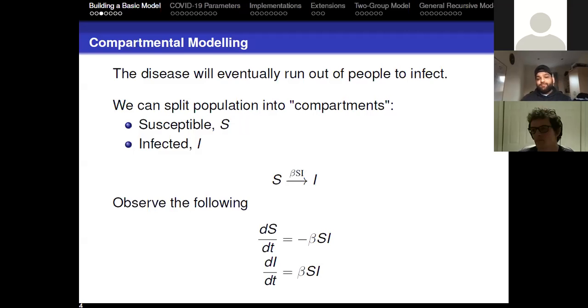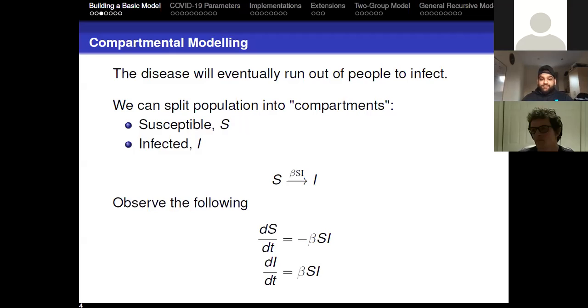Now, compartmental modeling will essentially split the population into different compartments. If we go about building the most simple compartmental model, we can use a susceptible category and an infected category. And the rate at which people move from the susceptible to infected category is this beta SI term.